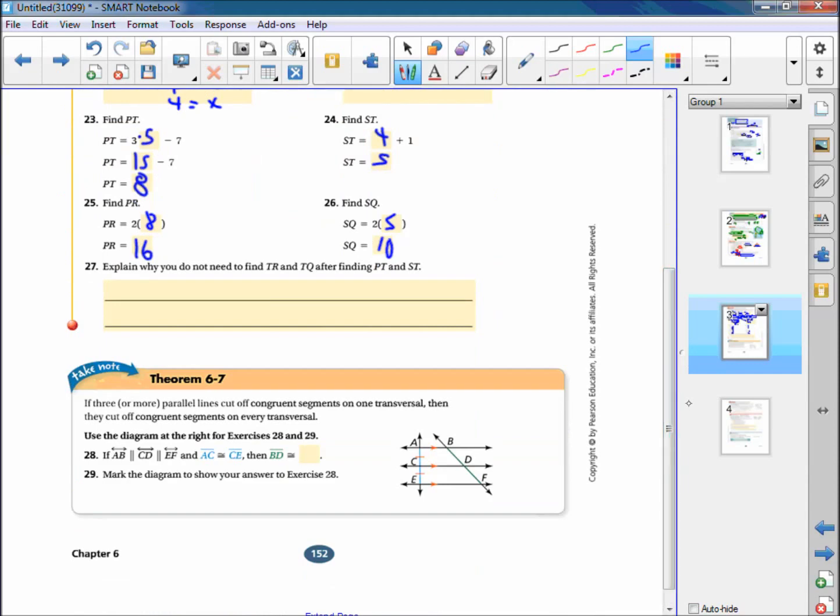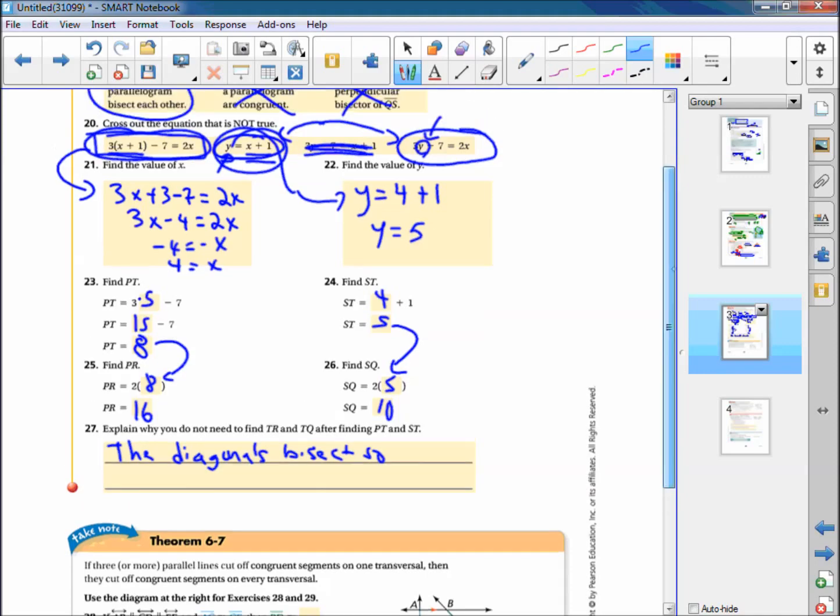Explain why you do not need to find TR and TQ after finding PT and ST. Once we found PT and ST, remember we were doubling them to put them in here. So we would double it to get the whole length, and that's because they're the same. The diagonals bisect. So let's see.